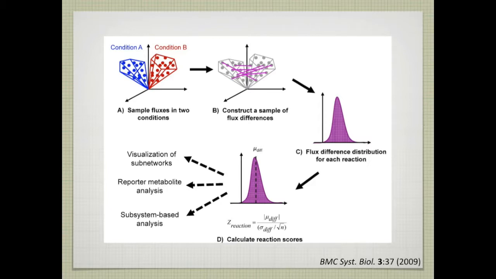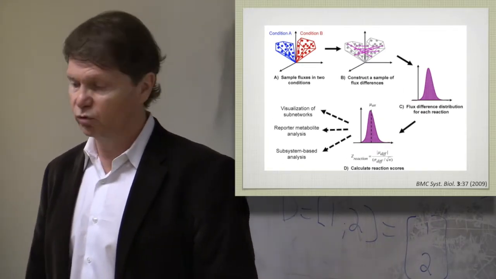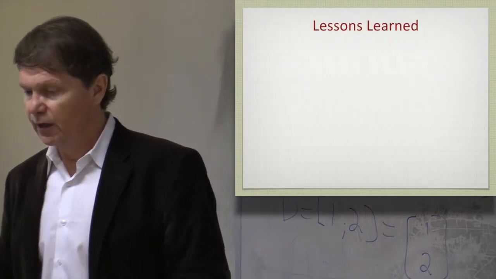Then you generate a z-score that you use for statistical purposes to define what's called a reporter metabolite, maybe the nodes in the network that had the most varied fluxes around them, and that if you measure will be the most informative measurement. This is something developed by Jens Nielsen's lab at Chalmers, and so forth. So this is a very practical use of sampling to do informative data analysis.